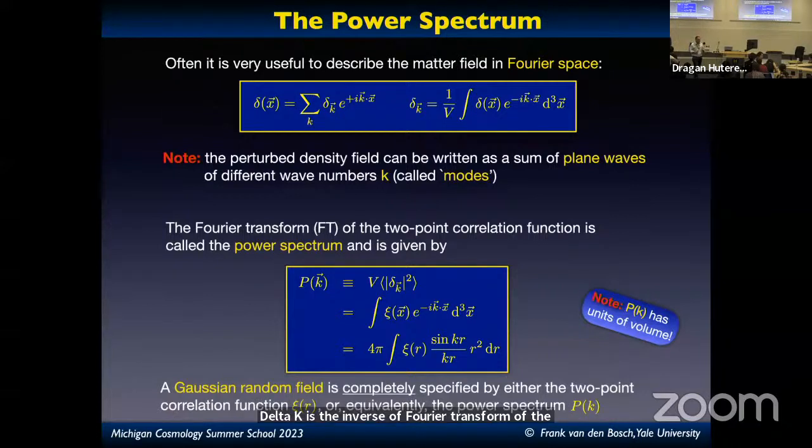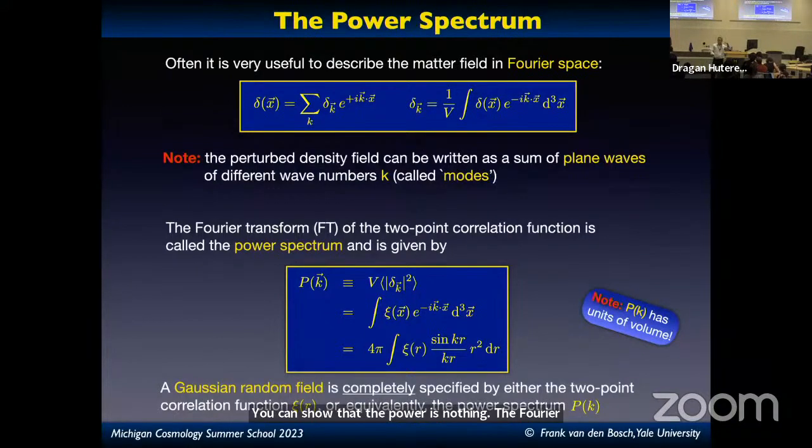And now the cool thing is, I can define the amplitude of the modes, delta k squared. What is the expectation value for the amplitude of these modes? That is what we call the power spectrum. And with a little bit of math, you can try this at home, it's very simple, you can show that the power spectrum is nothing but the Fourier transform of the two-point correlation function.